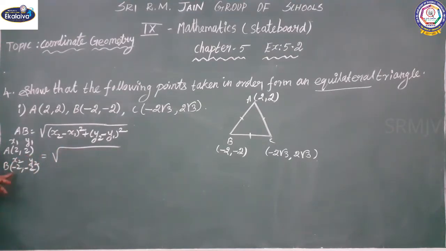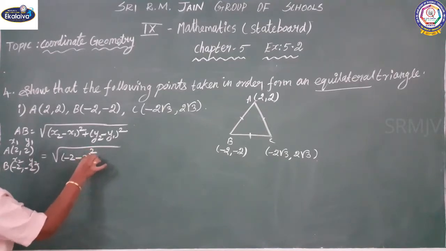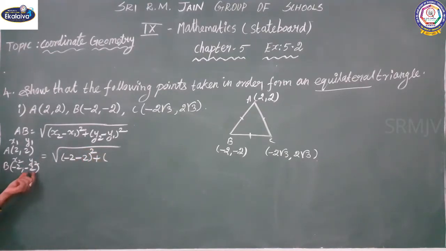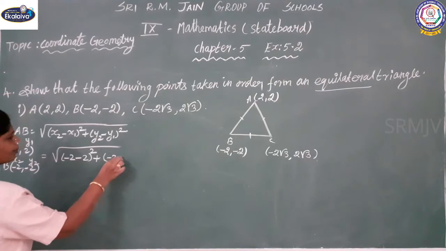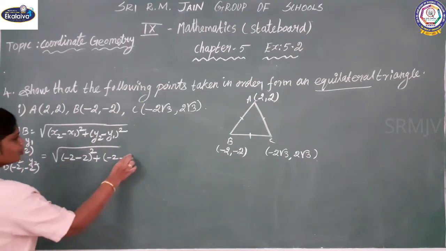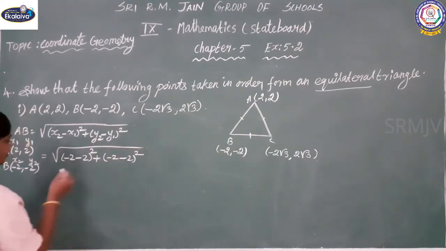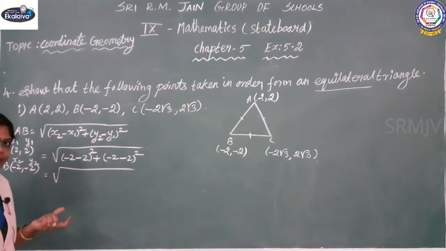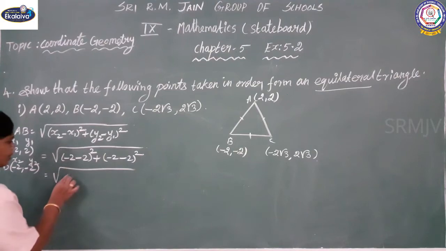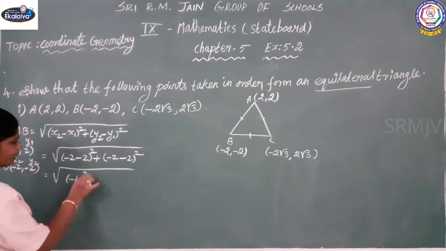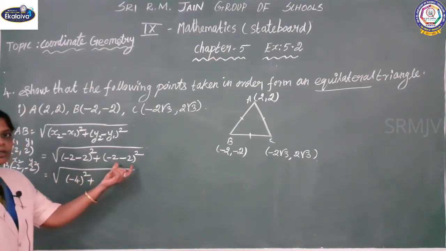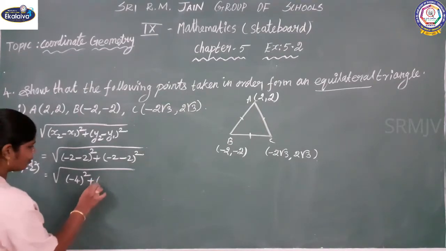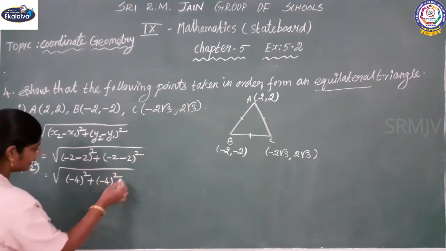So root of x2 minus 2, minus x1 2, the whole square plus y2 minus 2, minus y1 2, the whole square. Root of minus 2 minus 2, what will you get children? Minus 4. So minus 4 the whole square plus minus 2 minus 2, minus 4 the whole square.